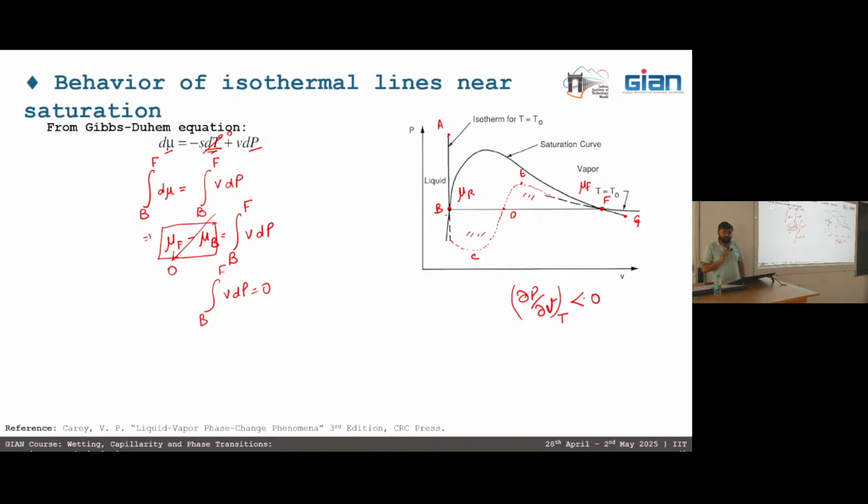If you closely follow this curve, from B to C it is negative. From C to point E, this is positive. It means that this region is inaccessible during the phase change. So whenever we are at this point, if any perturbation occurs here, we directly transition to this point.